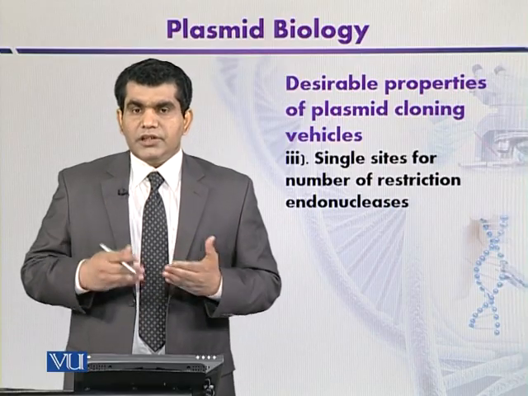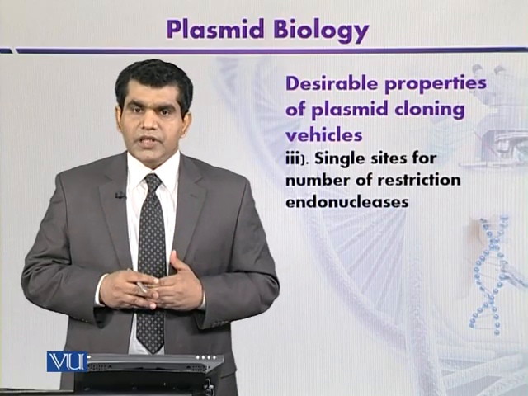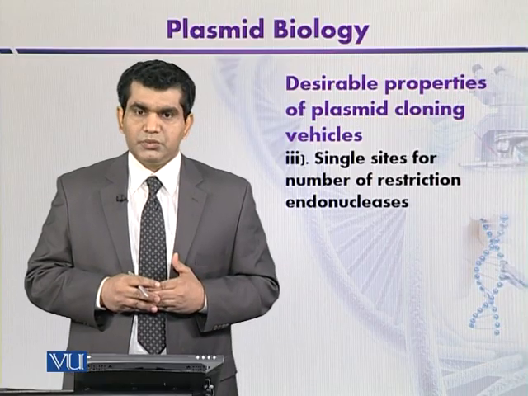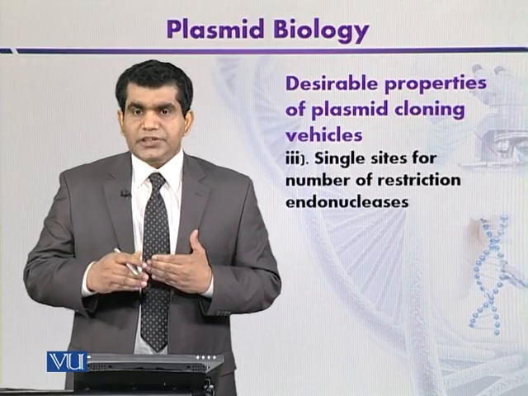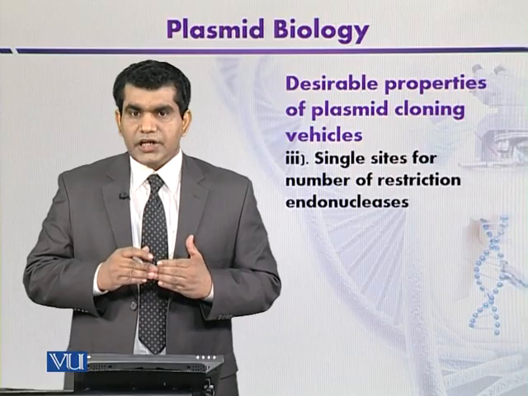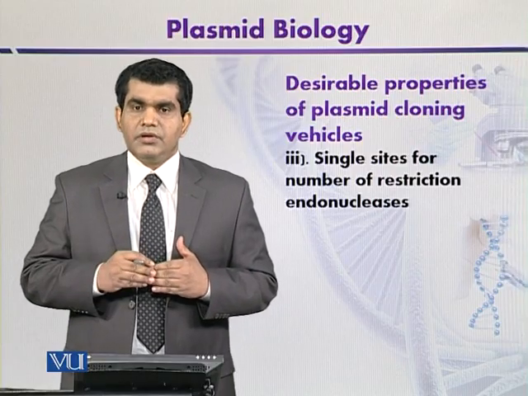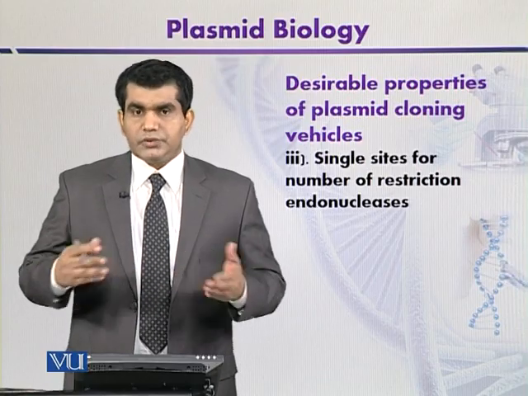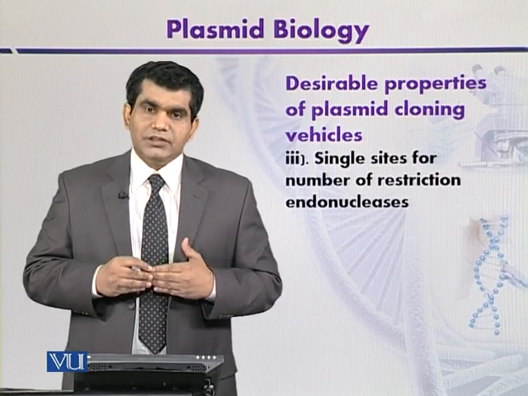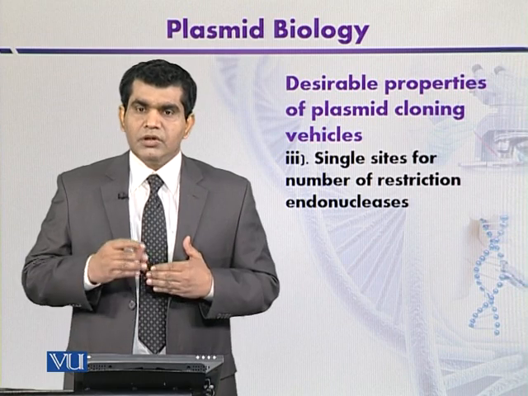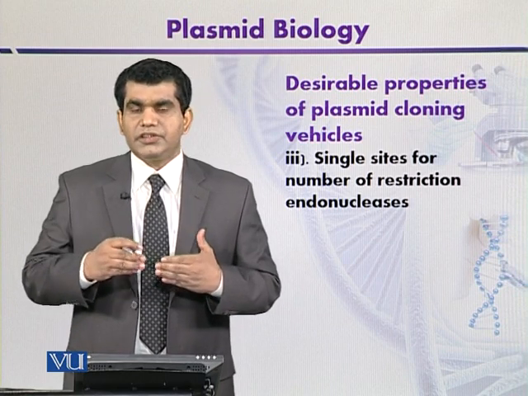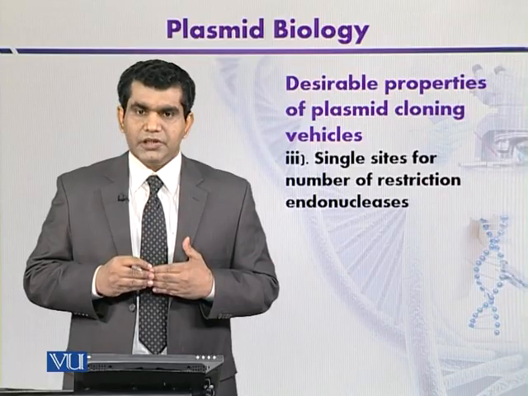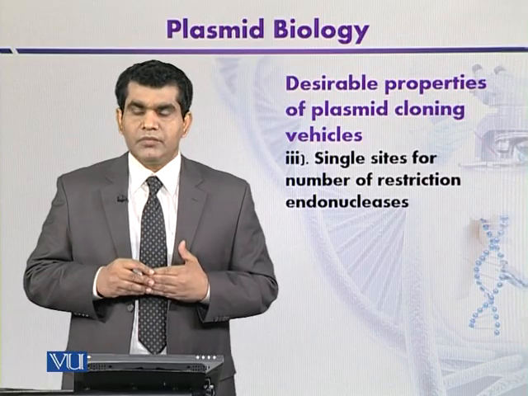Then the third trait is mainly related to the presence of single restriction sites for different types of restriction endonucleases. Suppose a plasmid contains more than one restriction site for a single endonuclease, then what will happen?